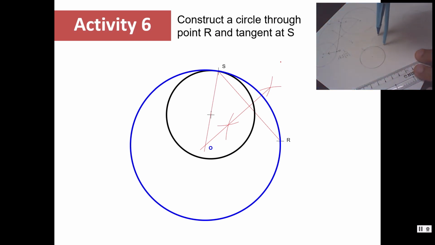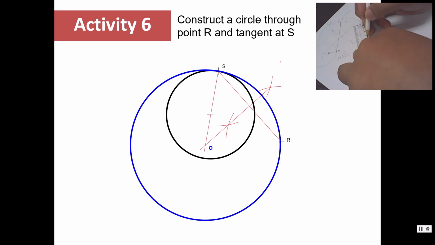So just draw arcs from here and from here. Okay, so you have these two points, then connect them so that you have a straight line, and then from S it should touch the center point of the circle.